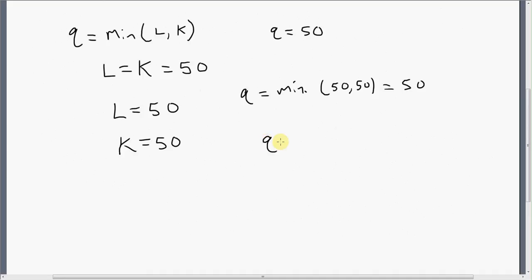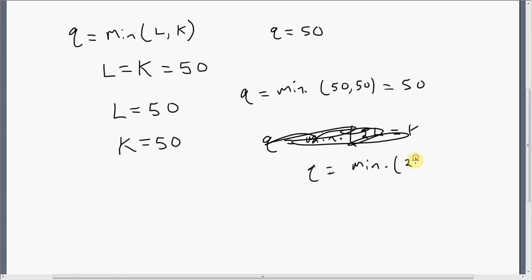Let's do another example. Just tweak the production function slightly. Put the L over here, doesn't matter.